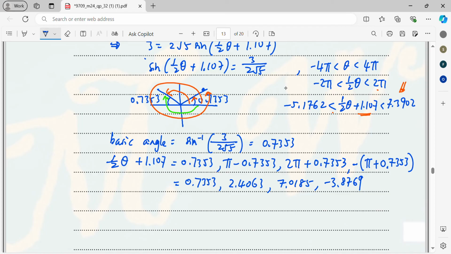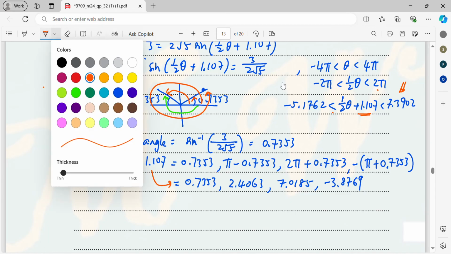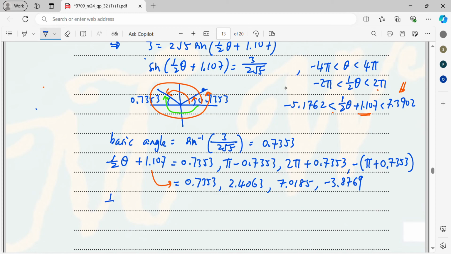Okay, so for all of these values, the next step is to move the 1.107 to the left side. That means you have to subtract 1.107 from all the values. So I will be getting half theta equals negative 0.3717, 1.2993, 5.9114, and negative 4.9839.